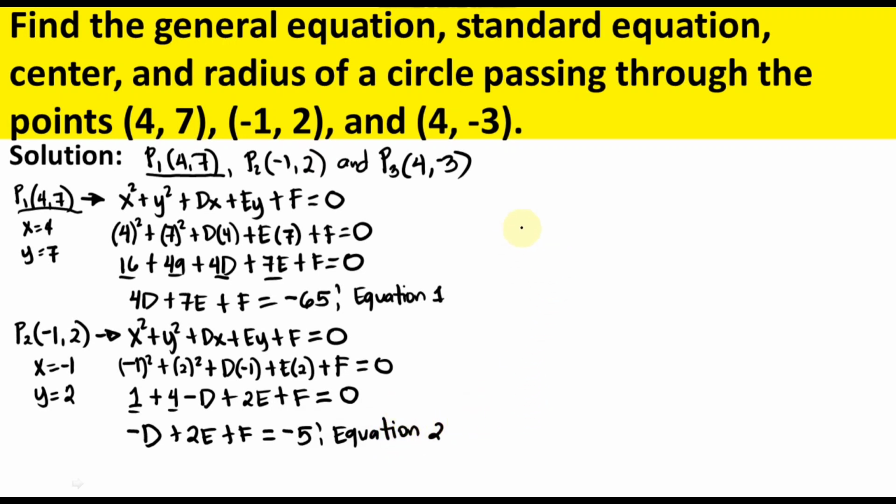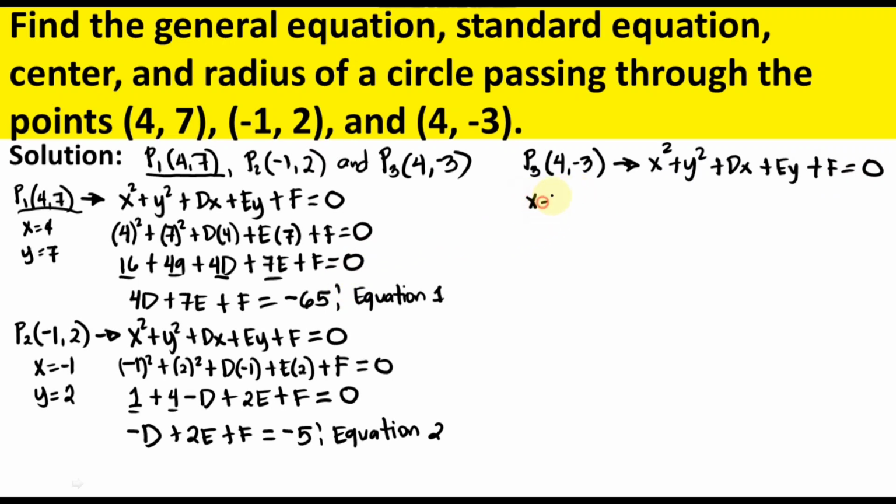Next, point 3, or P sub 3, we have (4, -3). Substitute natin yan sa general equation of a circle, that is x squared plus y squared plus dx plus ey plus f equals 0. Next, i-substitute natin ulit.